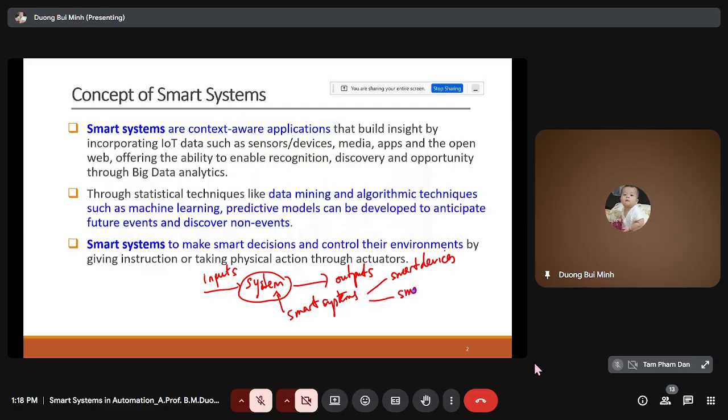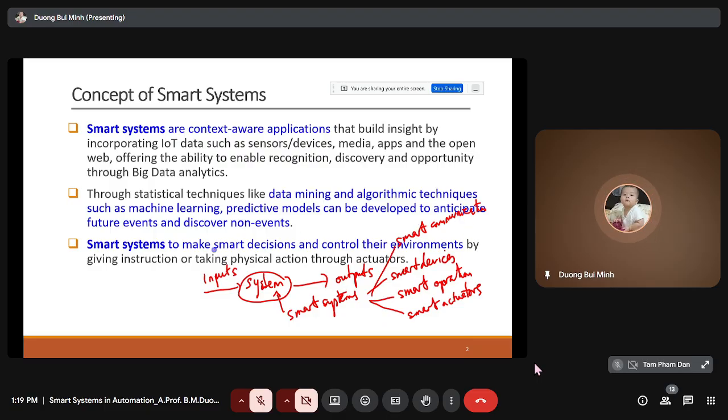What else? Smart operation, which means smart decisions, and so on. We have smart actuators, and what else? Smart communication, and so on.